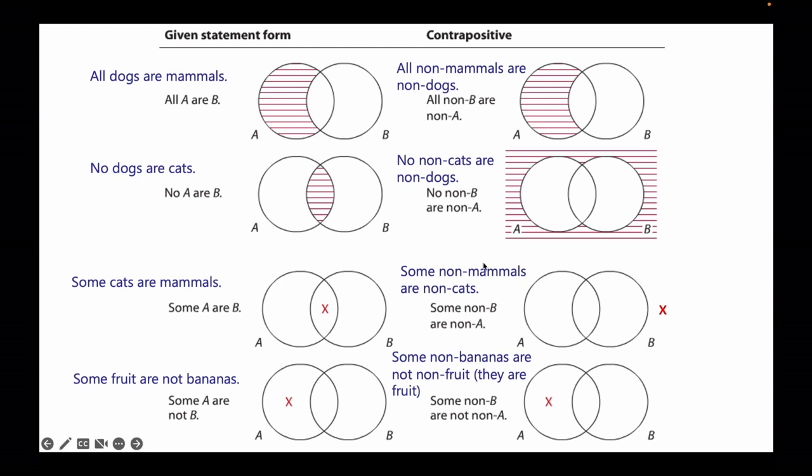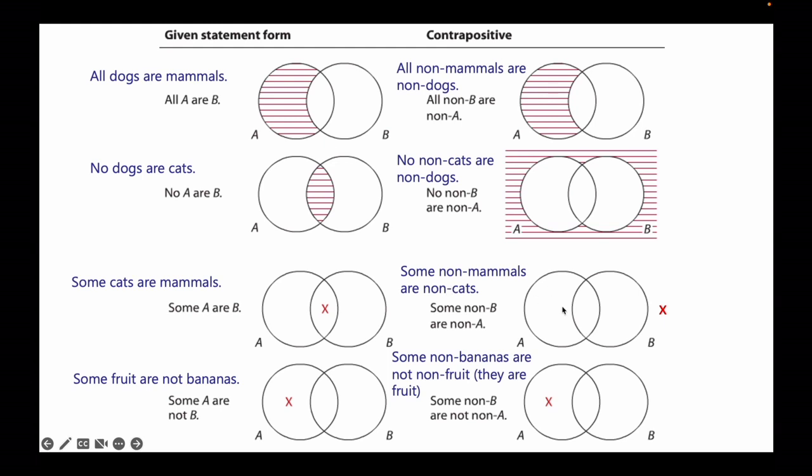But how do I diagram some non-mammals? Things that are not mammals. Where are things that are not mammals? Right here, outside. Outside the 2 diagrams, because A is mammals and B is cats. So non-mammals is going to be right here. And some non-mammals are things that are not cats.